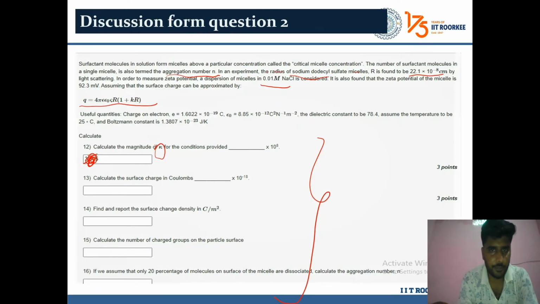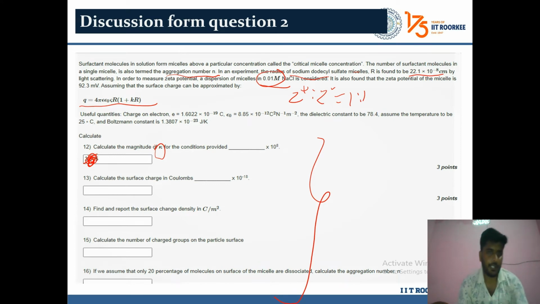Concentration is 0.01 molar NaCl, a symmetric electrolyte, and the Z to Z ratio is 1 to 1. So please try to calculate the kappa value. I will be waiting for your response. And it should be a multiple of 10 raised to 8.